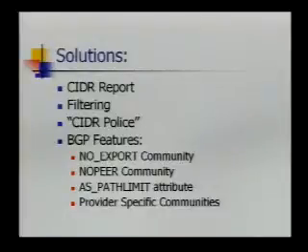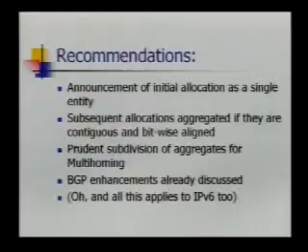We had the CIDR police activity in the late 90s and early 2000s, but the CIDR police got beaten up a fair bit, so they stopped. There are BGP features that have been introduced at the request of ISPs and industry in general, but not so many people are using them. They include the no export community, the no peer community, and the AS path limit attribute, which Joe Abley and others are currently working through the system, not to mention lots and lots of provider-specific communities.